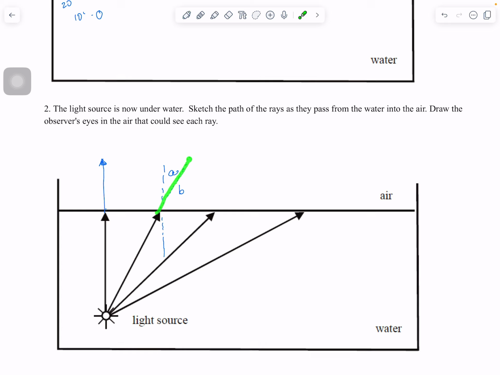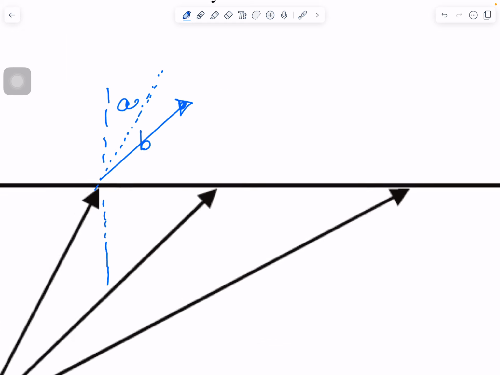This is no deflection, this would be towards the normal, and so this is away from the normal. So it goes like that. For this one, we're not really doing numbers. It's just qualitative. All right, let's do another one.